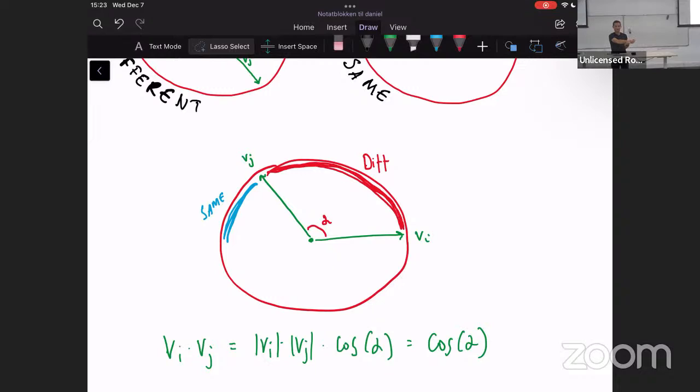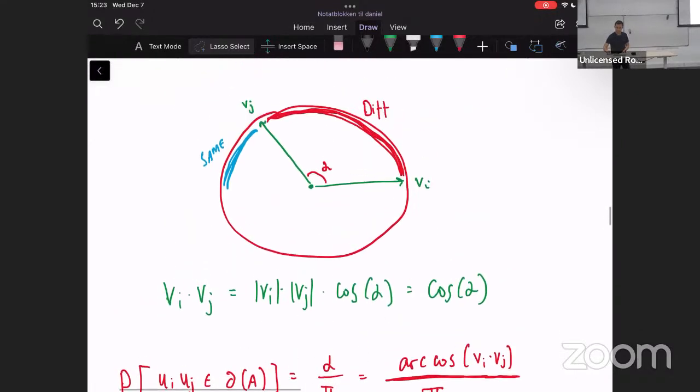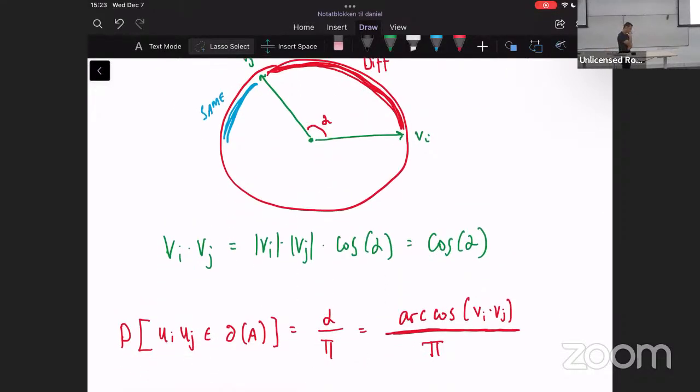And now if I look at the angle between vi and vj, the probability that it gets split is proportional to the angle between vi and vj. So if the angle between vi and vj is alpha, then the probability that they get split is alpha over pi. But we don't have alpha, right?